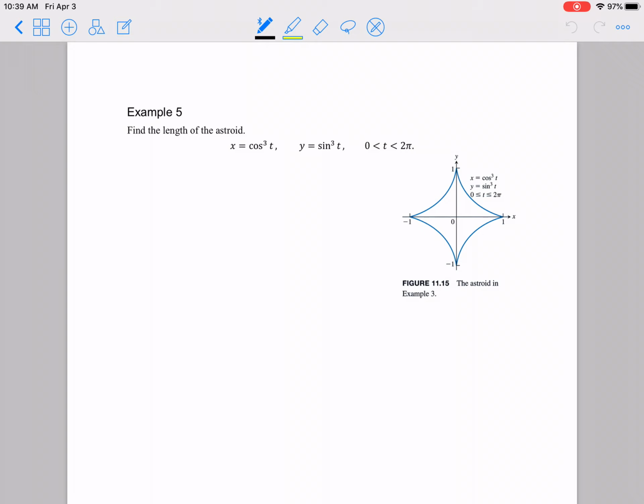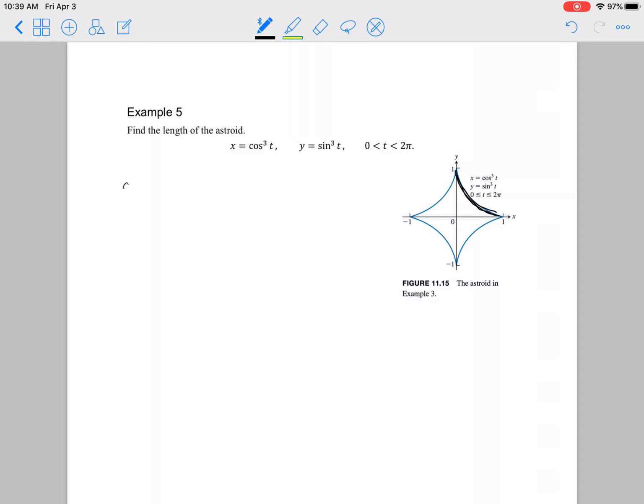Let's go ahead and start. We've got to essentially find the length of this part right here, and we can do that here.